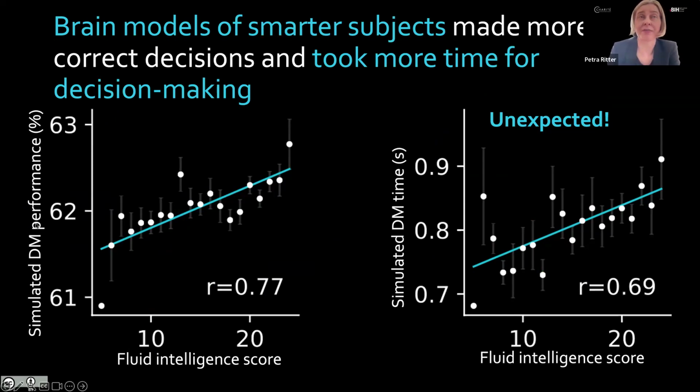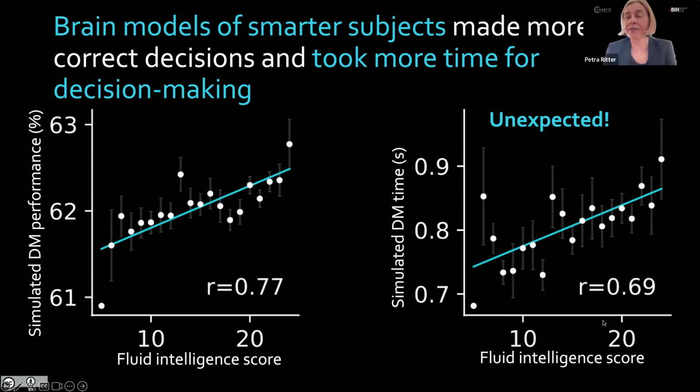So models of smarter individuals, measured by the fluid intelligence score, had a better simulated decision-making performance in our model. But, and this was unexpected, they also took more time to come to their decisions. So here again on the x-axis, you see the fluid intelligence score.